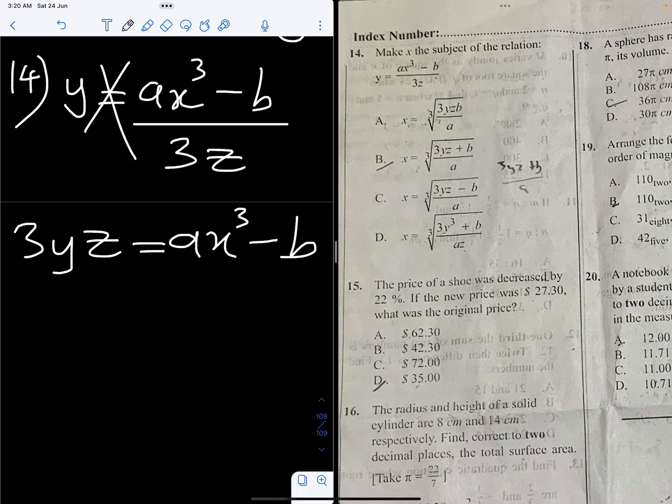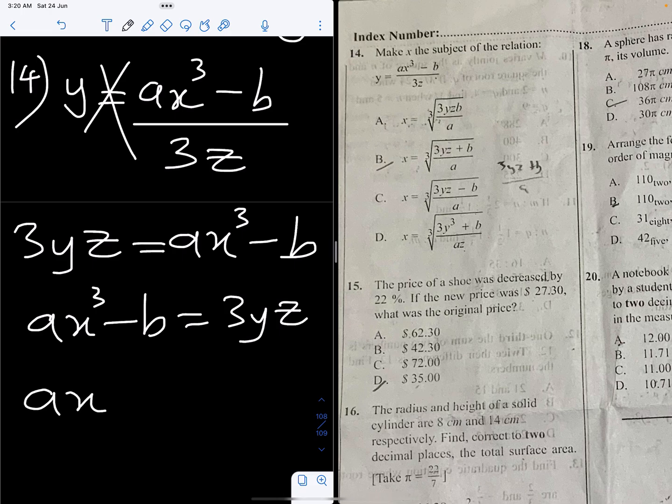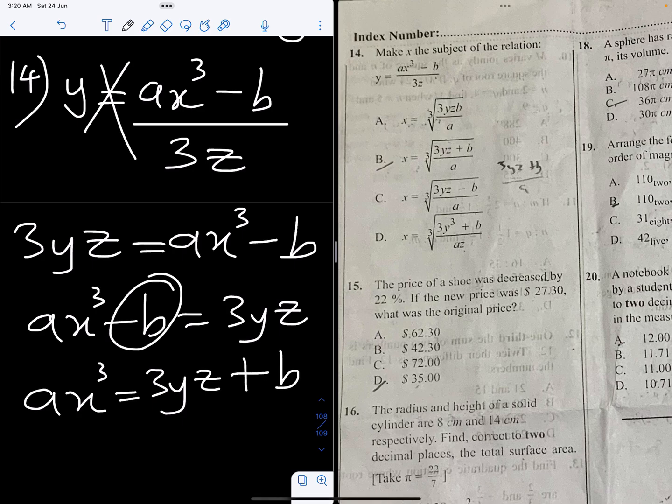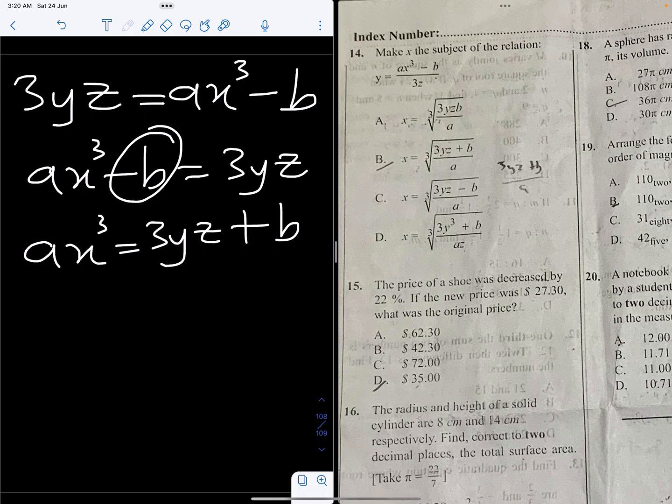This is the same as saying ax cubed minus b equals 3yz, and from here I can write ax cubed equals 3yz. When this minus b goes to the right hand side, it becomes plus b. And now I can divide both sides by a.